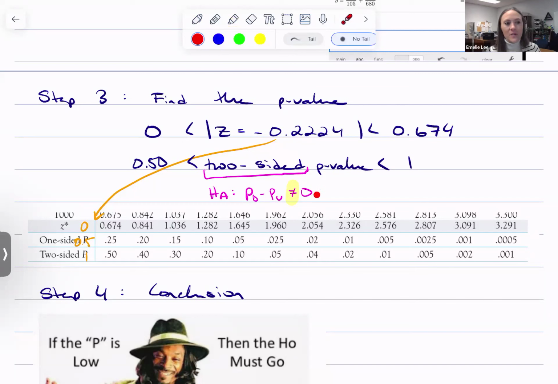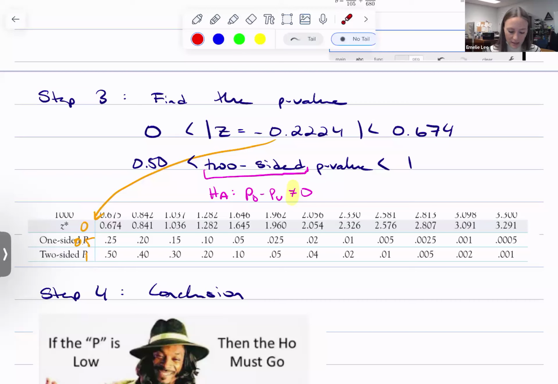Okay. And so that's difficult just because you have to go all the way back to step 1, and then you can figure out if you need a two-sided p-value or a one-sided p-value, right? So then if you have a two-sided p-value, then you want to make sure that you read these from right to left.